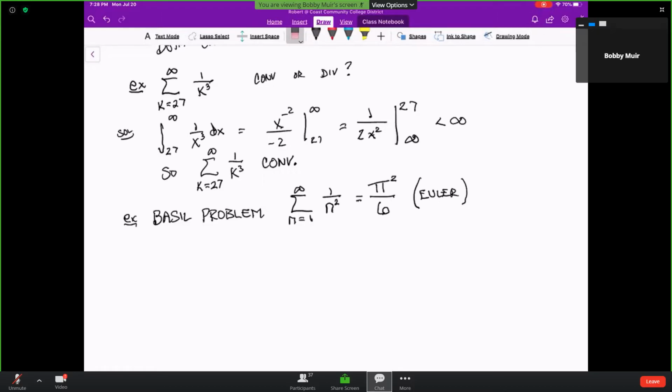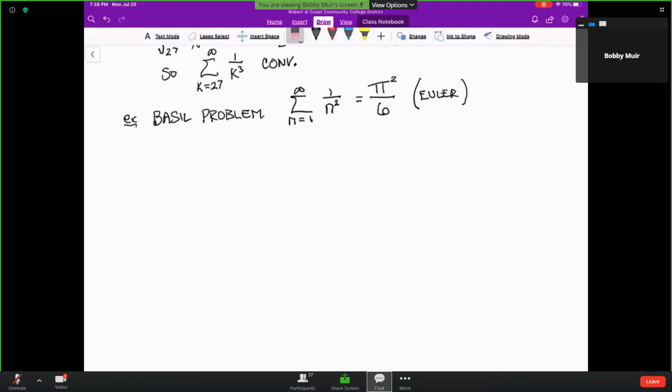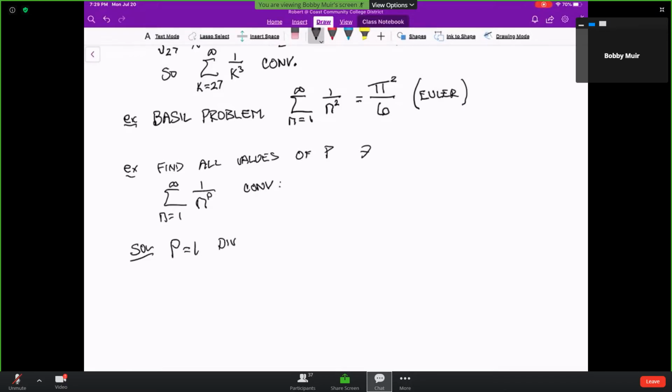A standard problem is going to be: find all the values of p such that the sum from 1 to infinity of 1 over n to the p converges. Okay, so the solution. We know if p equals 1, it diverges.